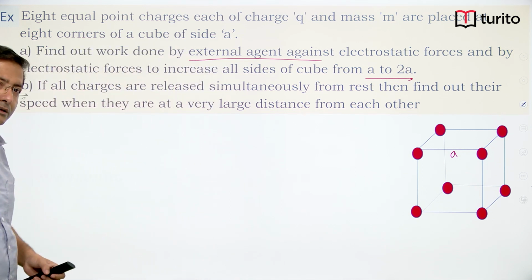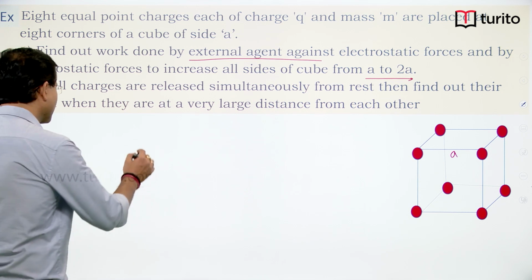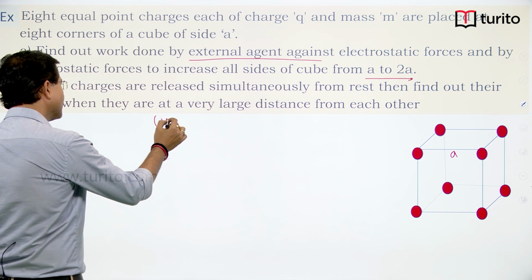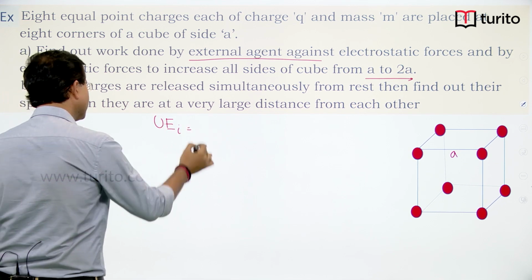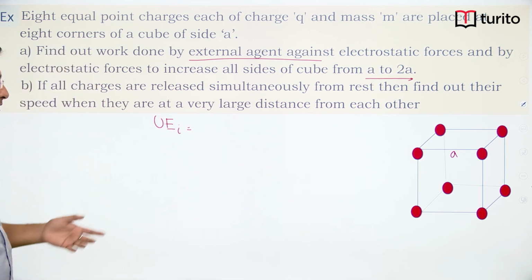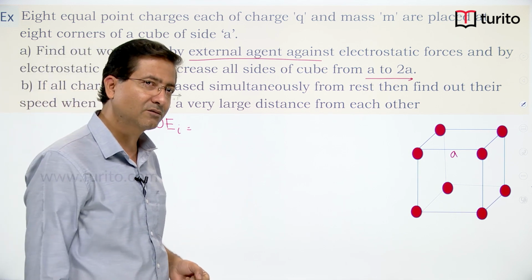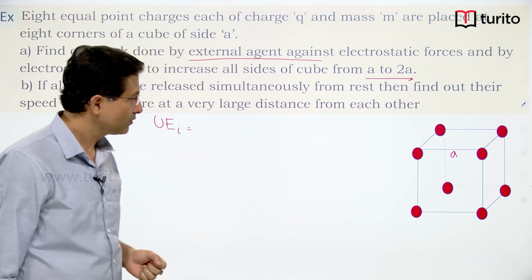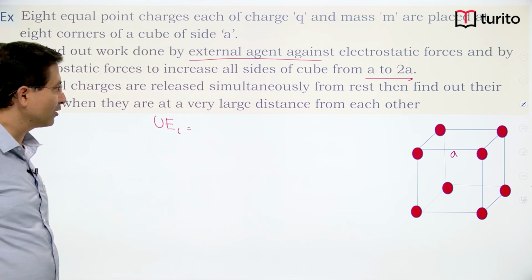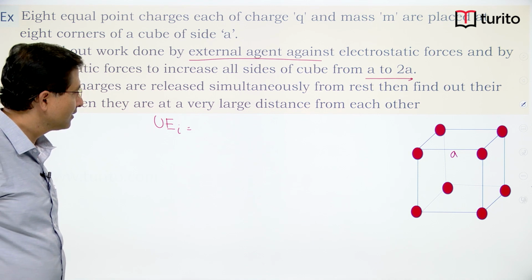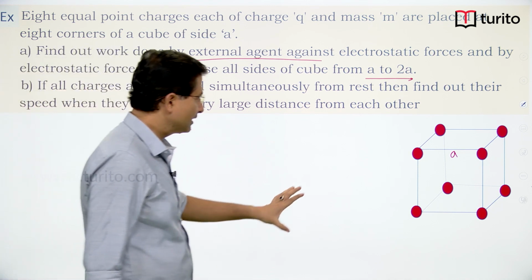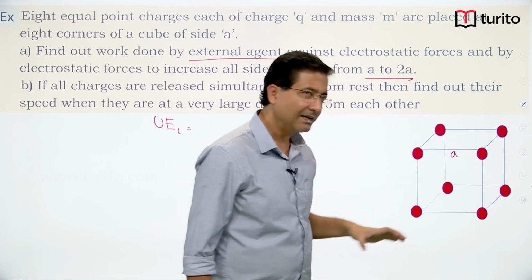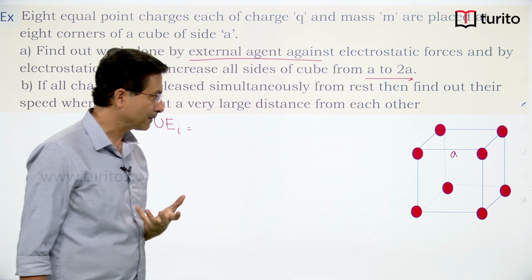So just now we have discussed work done by external agent. For that I require the initial energy, so potential energy initial. Now there are 8 charged particles, how many combinations will be there, right. So look at the diagram, tell me how many combinations it will be. You can see there are 12 edges.